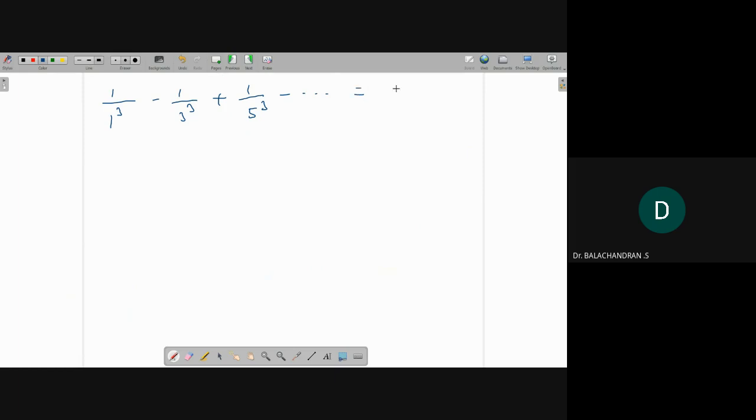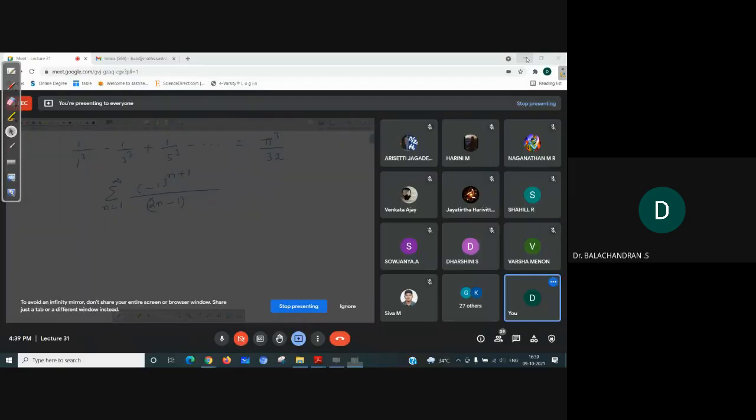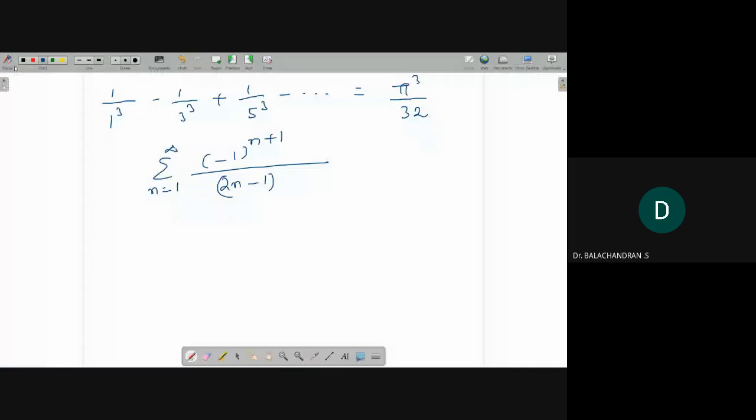Equal to pi cube, if you want to write in the short form, summation n equal to 1 to infinity, minus 1 whole power n plus 1 divided by (2n minus 1) whole cube, which is equal to pi cube by 32.